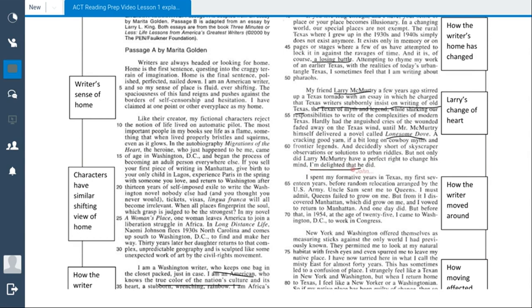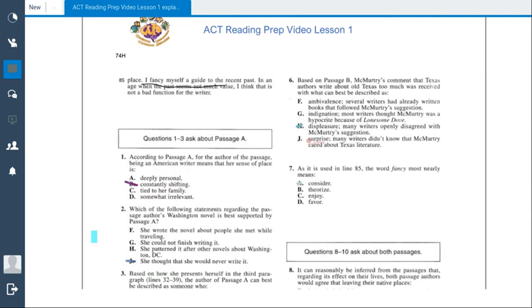And then they said that they were delighted that he did so. So they were displeased with him writing about modern Texas. And when he changed his mind, they were happy.